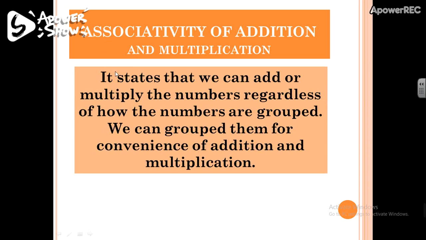Associative property states that we can add or multiply the numbers regardless of how the numbers are grouped. That is, we can group them for convenience of addition and multiplication.